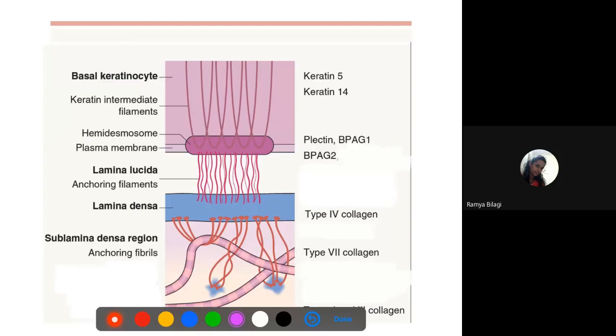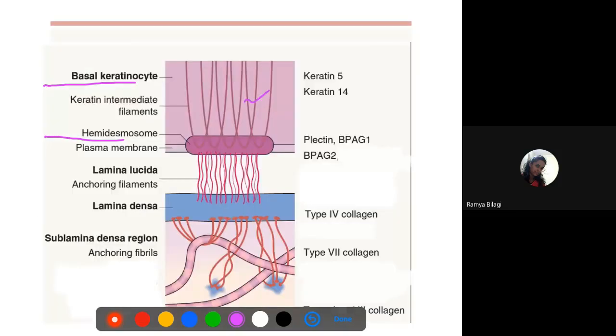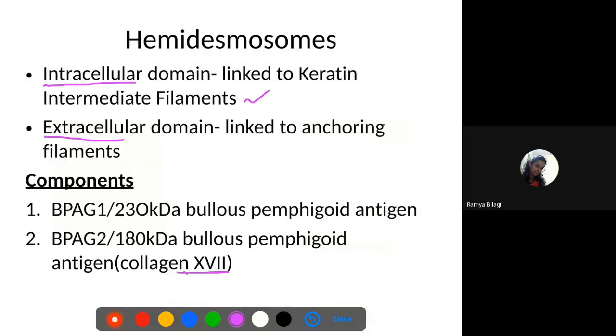So the intracellular part is connected to keratin intermediate filaments, whereas the extracellular part is connected to these hair-like, thread-like structures, that is anchoring filaments. These hemidesmosomes have two components, BP antigen 1 and BP antigen 2. BP antigen 2 is also called collagen 17.